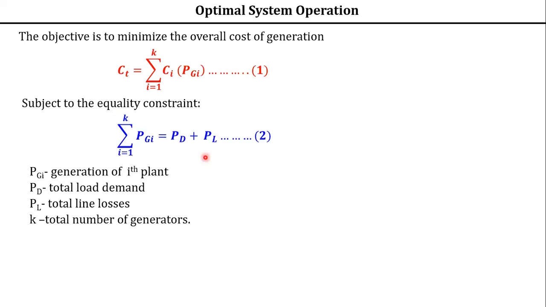As I said, this is to be augmented in the objective function. How to augment this? Before augmenting it, let us put this in an equality form. Take PD plus PL to the LHS and equate that to 0. Call that equation 3. Now you augment equation 3 into equation 1 using the Lagrangian multiplier.